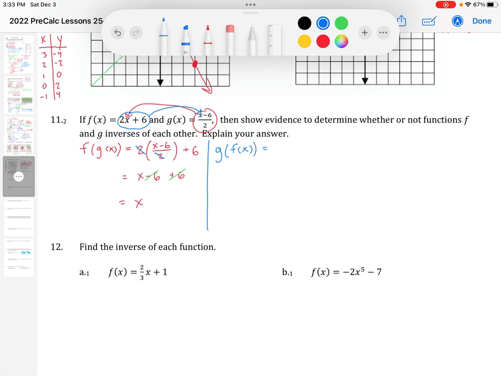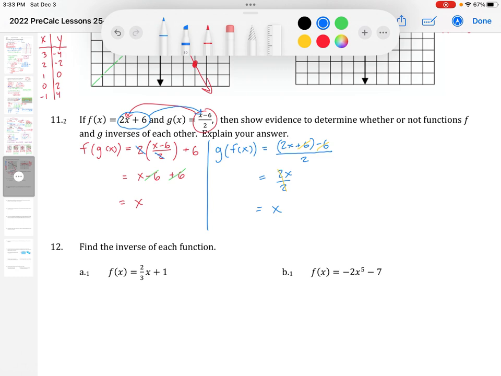So instead of having x minus 6 all over 2, we're going to have 2x plus 6 minus 6 all over 2. So these 6's cancel, and we're left with 2x all over 2. And your 2's cancel, so now we just have x.